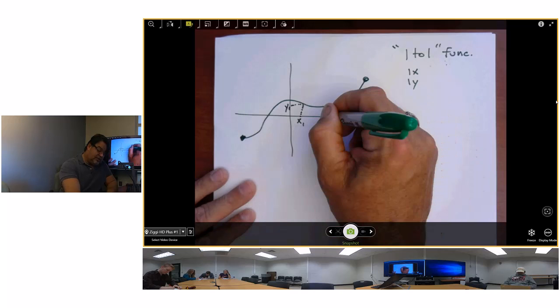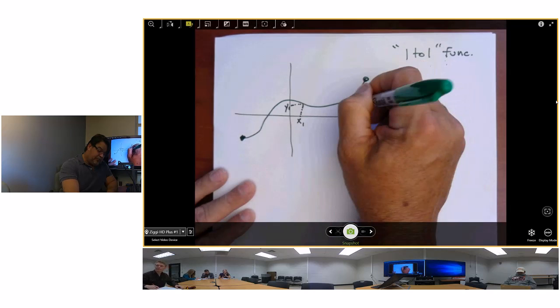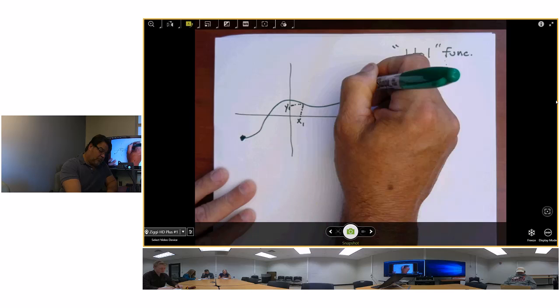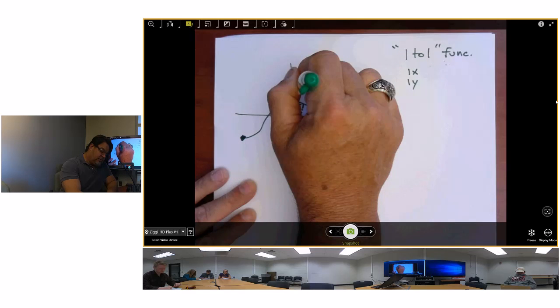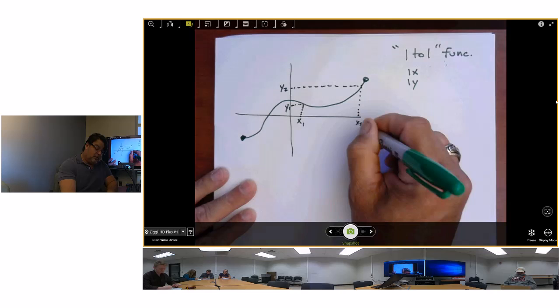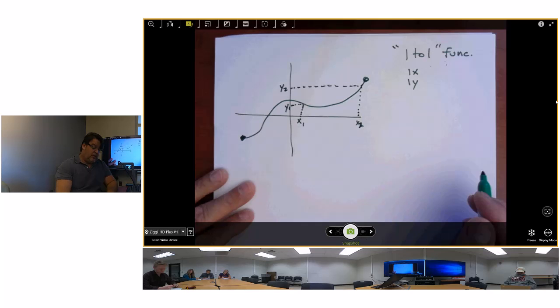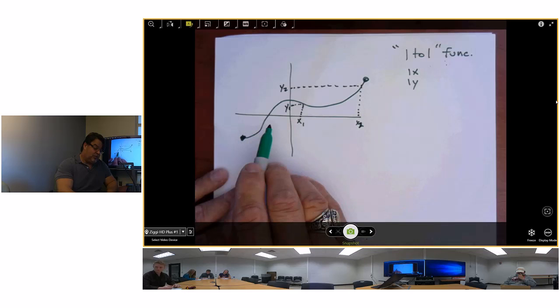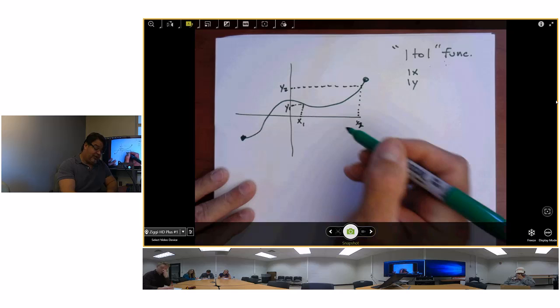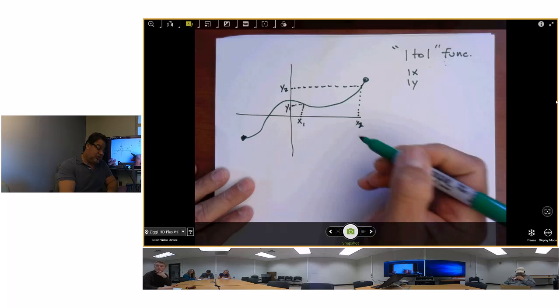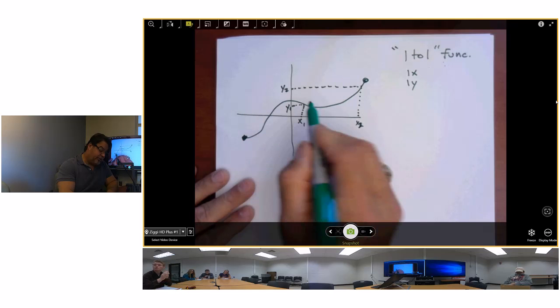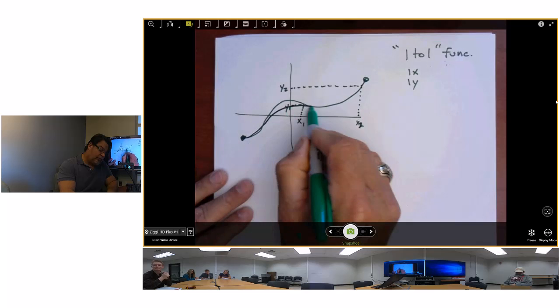And for this x, you have 1 y. There is no point on this line where you have 1 x and 2 y's. Well, it shouldn't be. I think I might have messed up and drew it. Hold on a second. There we go.